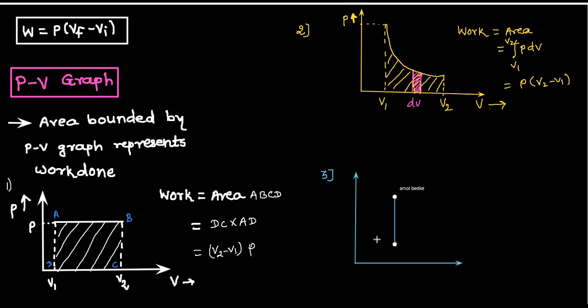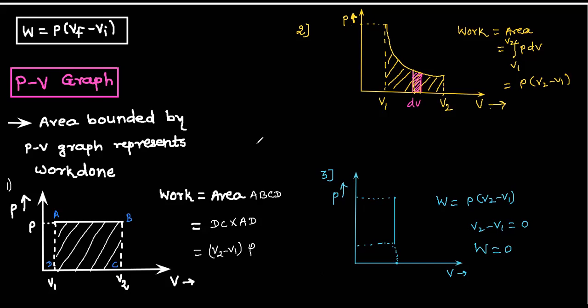Now you see here the pressure is changing from this point to this point, but there is no change in volume. Only V is constant. Yes or not? So in this case, W is equal to P into V2 minus V1. But here V2 minus V1 is equal to 0 because V2 is equal to V and V1 is also equal to V. Therefore, W is equal to 0 in this case.